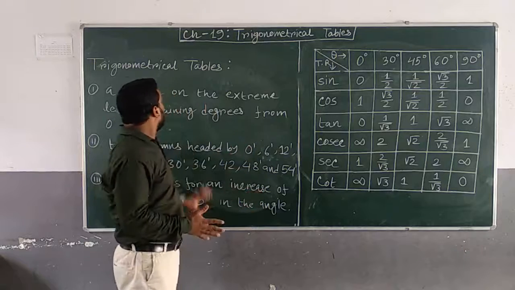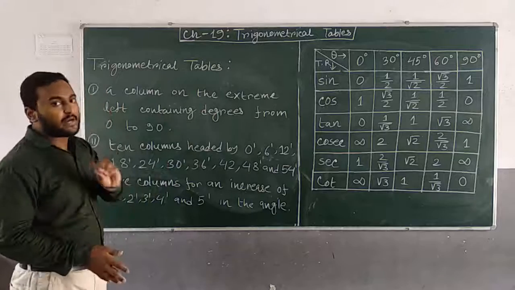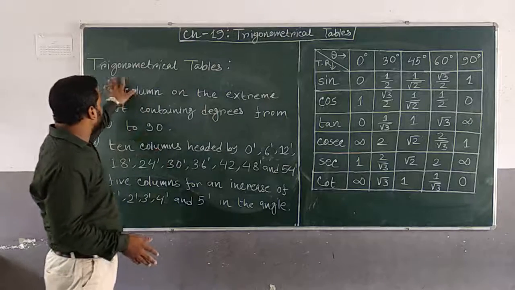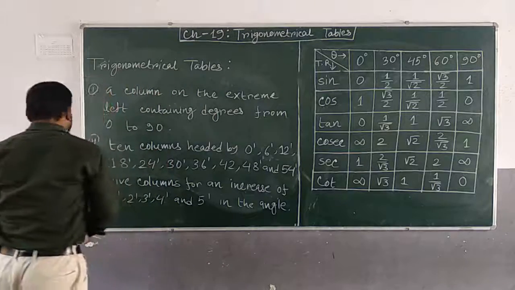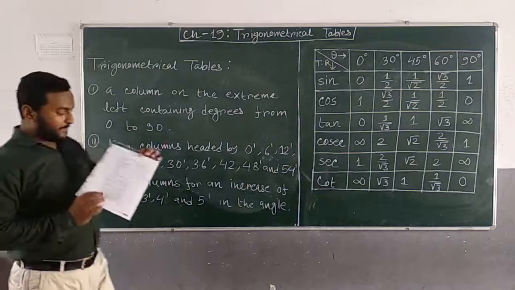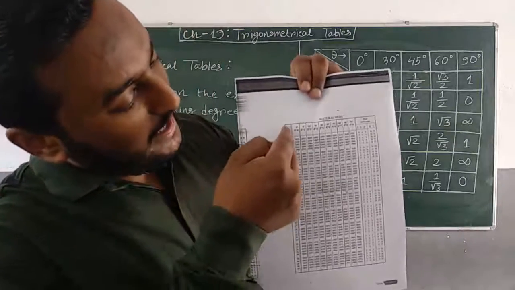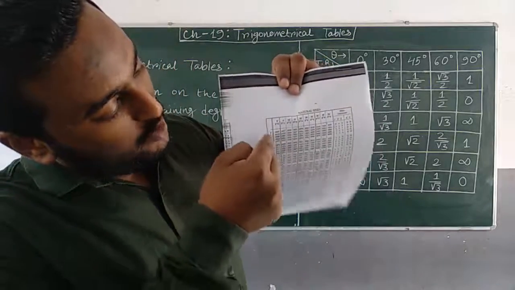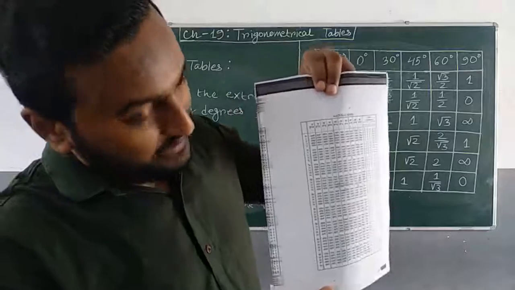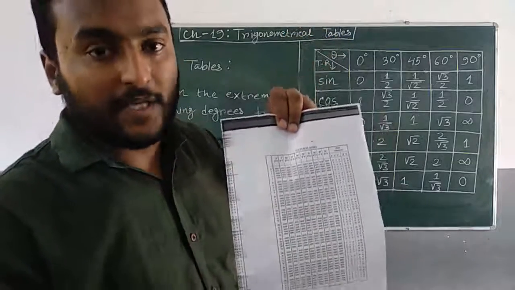So in your trigonometrical tables, there are three parts. As you can see here, at the extreme left, 0, 1, 2, 3, 4, 5, 6, 7, 8, 9, 10 up to 90 is given.